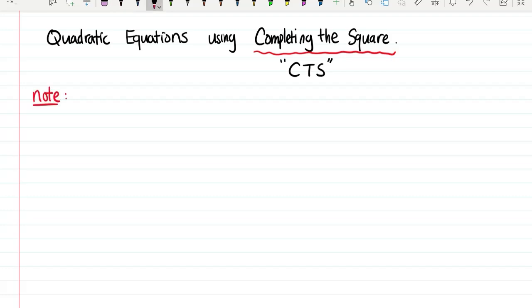Here's a little note before we start examples: CTS will be used for solving quadratic equations that are not factorable.